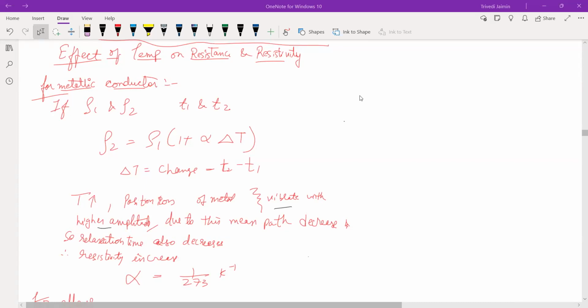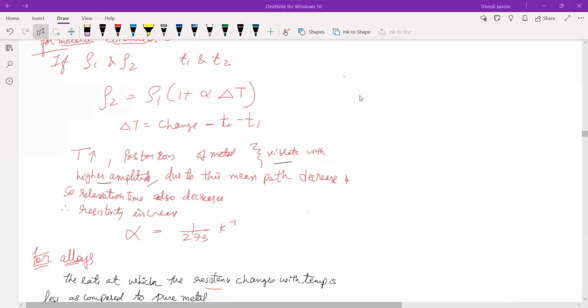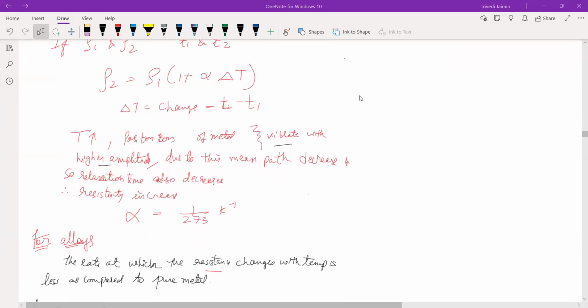So resistivity rho 2 equals rho 1 times (1 plus alpha T). These are formulas, but understand what it is trying to say. If temperature increases, the ions in the metal start vibrating with high amplitude. Due to this, their mean free path decreases, so relaxation time also decreases.